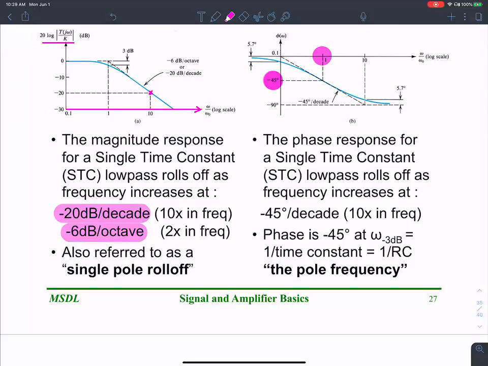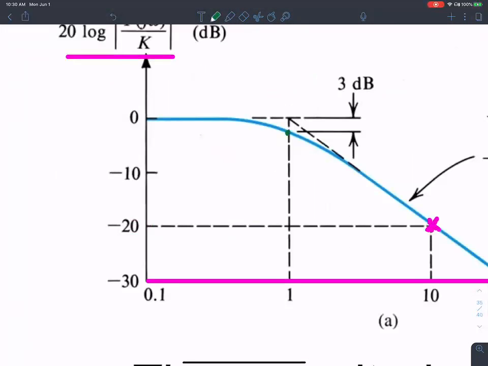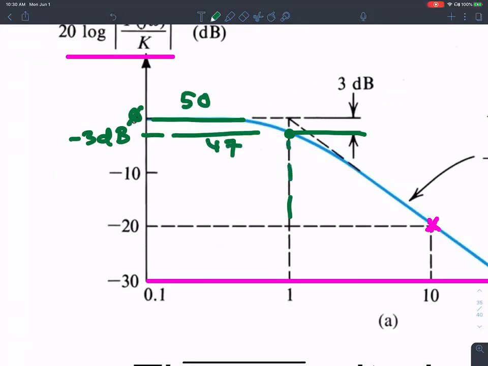So single time constant 1 over RC, expressed in omega, is called the 3 dB frequency, because like I mentioned earlier, at exactly the pole frequency, the magnitude is 3 dB less than what you initially began with. So if this was 50 dB, then this is going to be 47, always at the pole frequency.